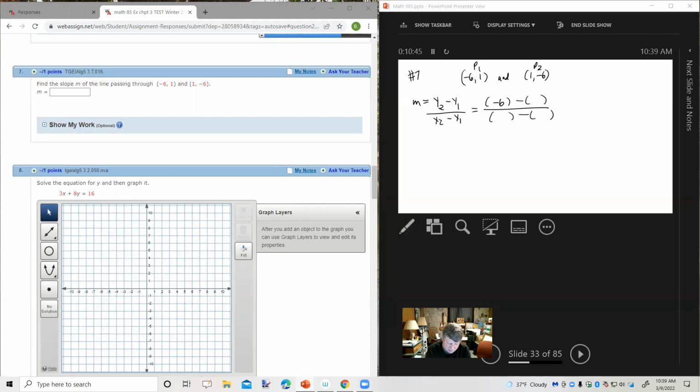Y sub 1 is the y value for point 1, which is 1. X sub 2 is the x value of point 2, which is 1, and x sub 1 is the x value of point 1, which is -6. -6 minus 1 is -7. 1 minus -6 is 1 plus 6, which is 7. -7 over 7 is -1. So the slope should be -1.